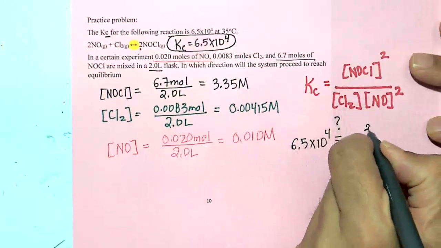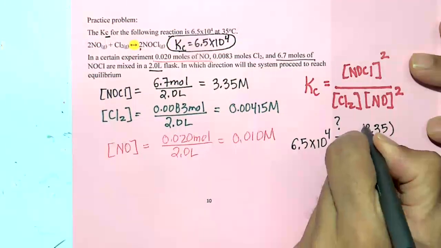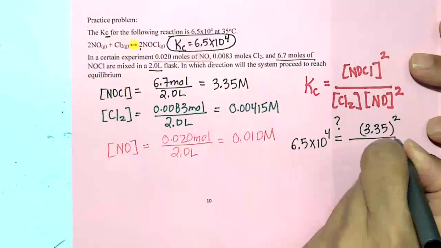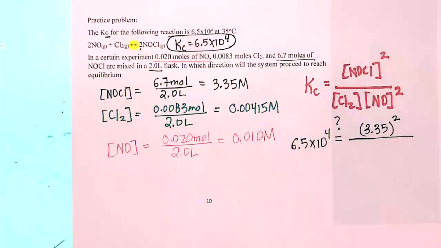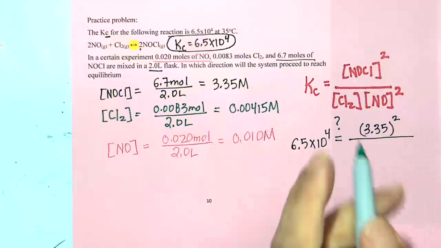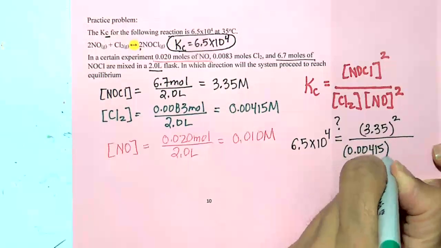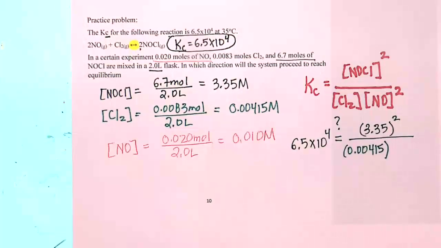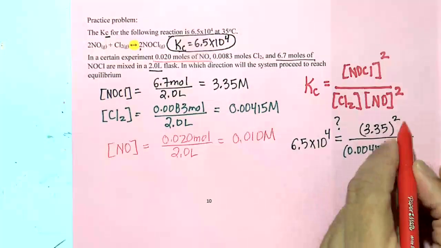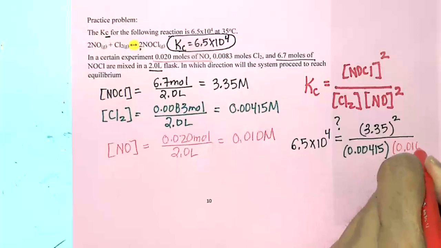So we have 3.35 squared, Cl2 is 0.00415, and NO is 0.010, and then we have to square it.